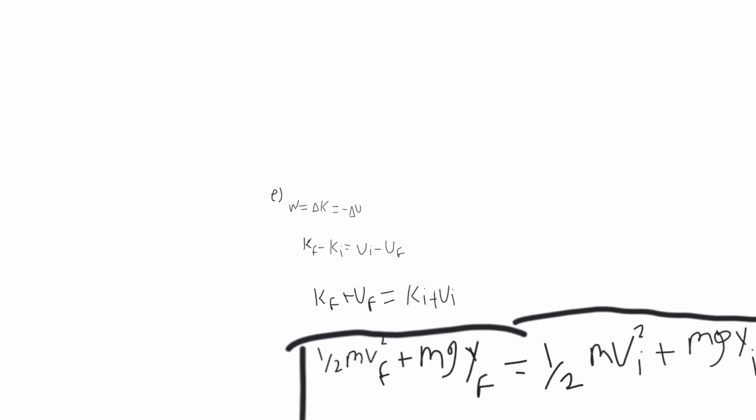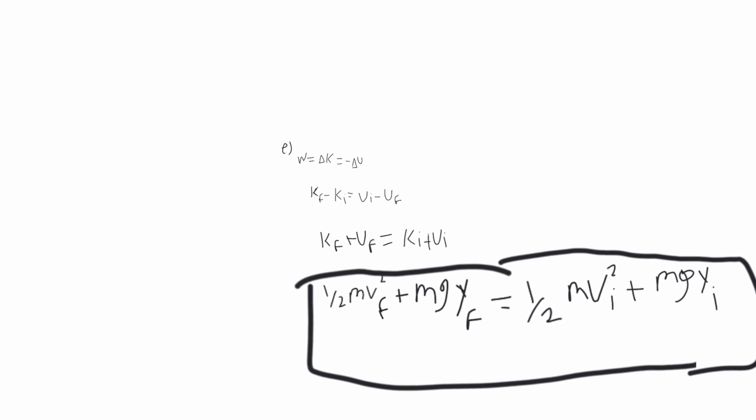So according to the theorem, the addition of them should equal this: the kinetic energy of the final plus the potential energy of the final is going to be equal to the kinetic energy of the initial plus the potential energy of the initial. This is the mechanical energy, right? The kinetic energy plus the potential energy.